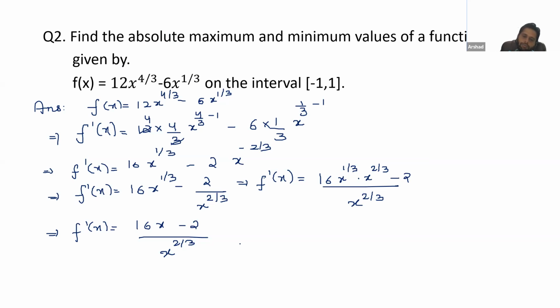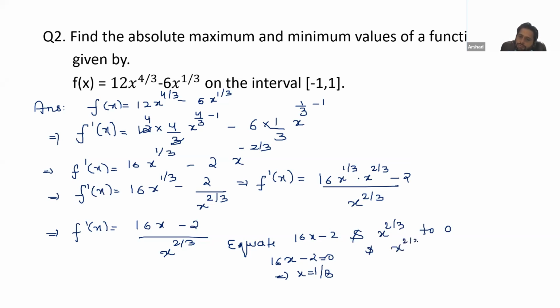So equate 16x minus 2, and very good, Abdur, it is correct, and x to the power 2 by 3 to 0 to find the critical points. So here you will get 16x minus 2 is equal to 0, so x is equal to 1 by 8, and x to the power 2 by 3 equal to 0, so you will get x is equal to 0. So you get these two values.